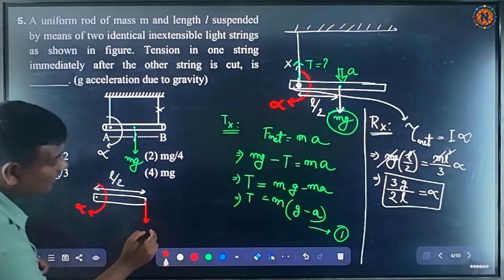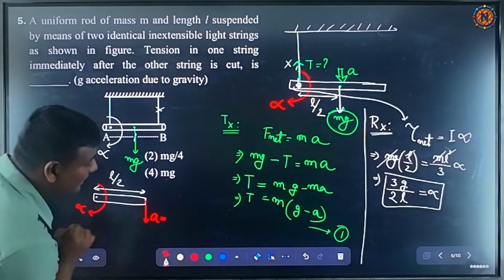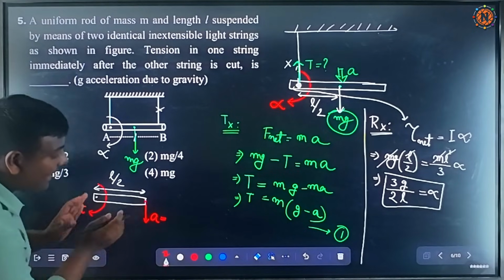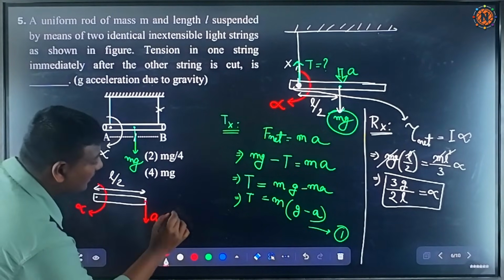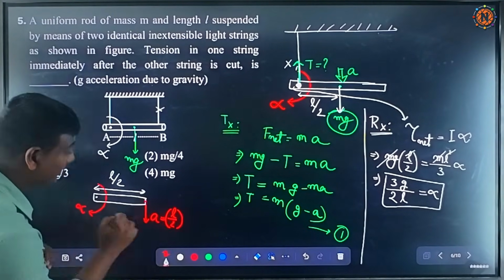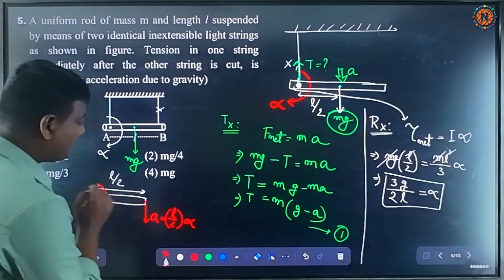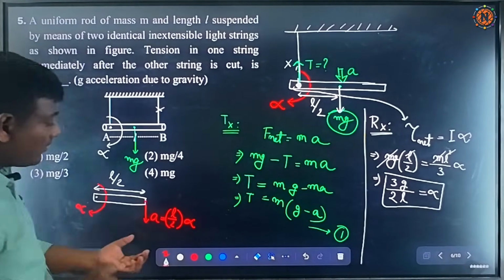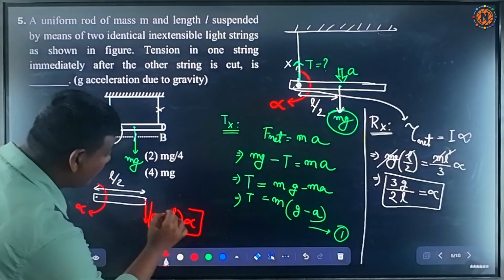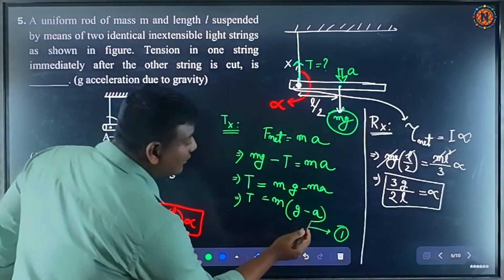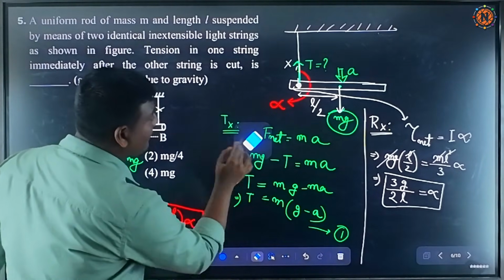This tangential acceleration can be written as distance into angular acceleration. Distance is L by 2 and angular acceleration is alpha. So a will be L by 2 into alpha, and this is the center of mass point. So we already got a equals L by 2 alpha.